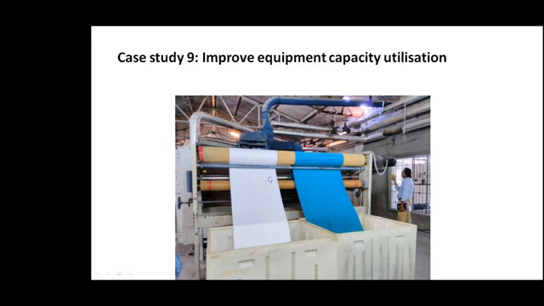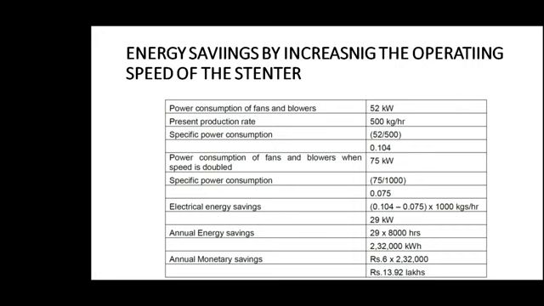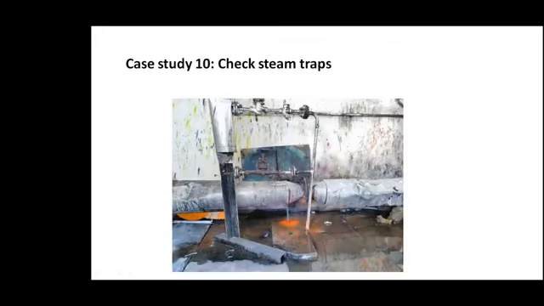The higher the capacity utilized, the more efficient it will become. So here you see the width of the cloth. Still about 40% of the width is unutilized. That means you can still push it to this side, push this to this side. One more layer also can be loaded. So there are several opportunities like this that can save energy in the industry.